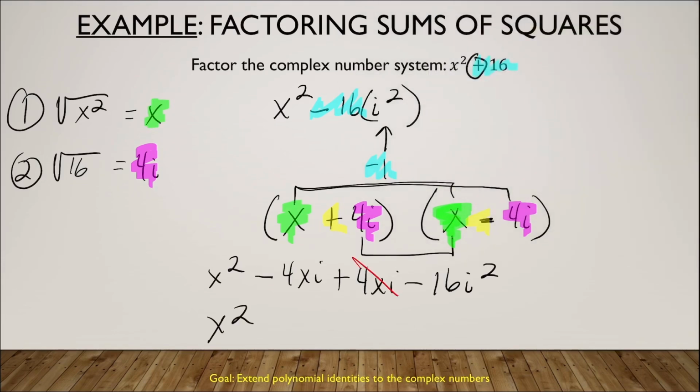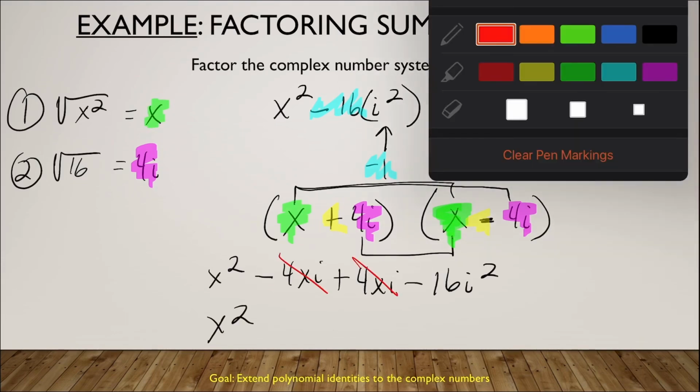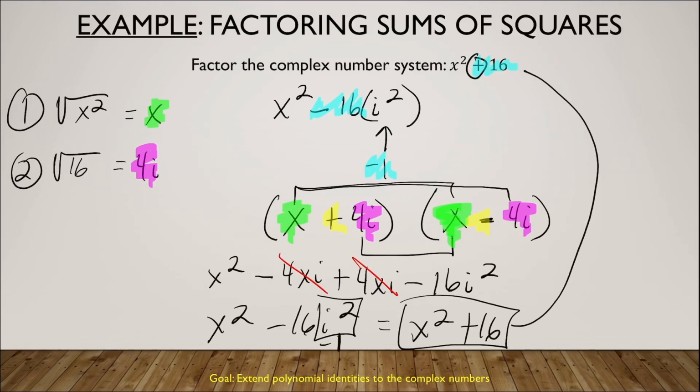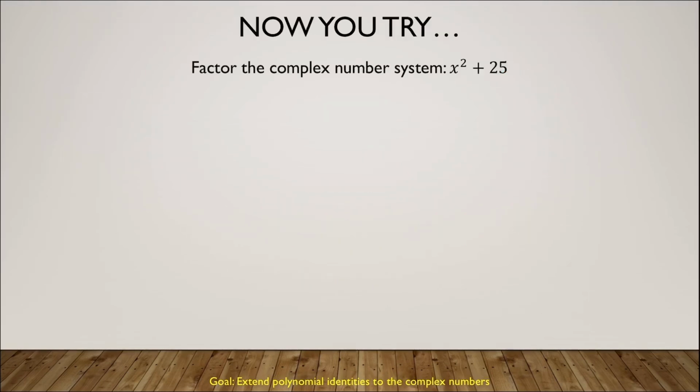Notice these two terms cancel out, and I get negative 16i squared. Well, we know that i squared is negative 1, so negative 1 times 16 gives me a positive 16, and we get back to our original equation. All right, I want you to try now, then check to make sure you're right for the solution.